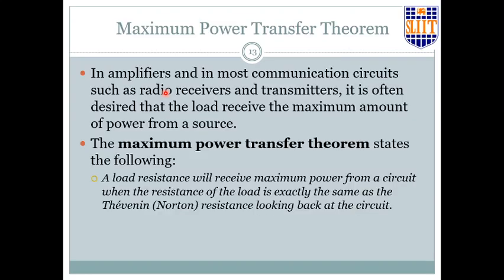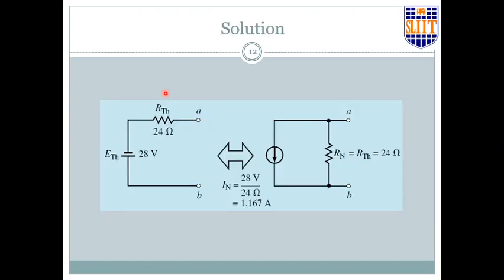Right, the next is the maximum power transfer theorem. In amplifiers and most other communication circuits, we are concerned about the maximum power transfer to the load under different conditions. Now you have a certain characteristic.